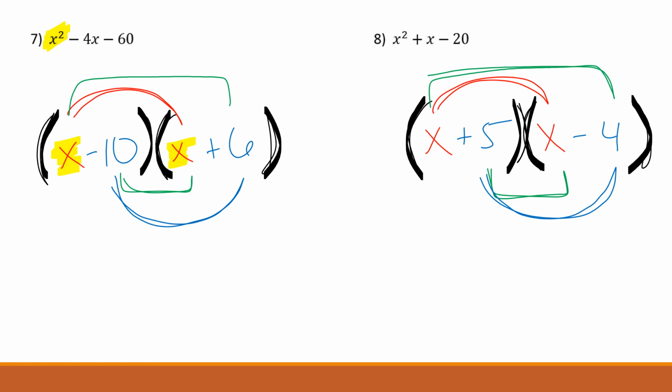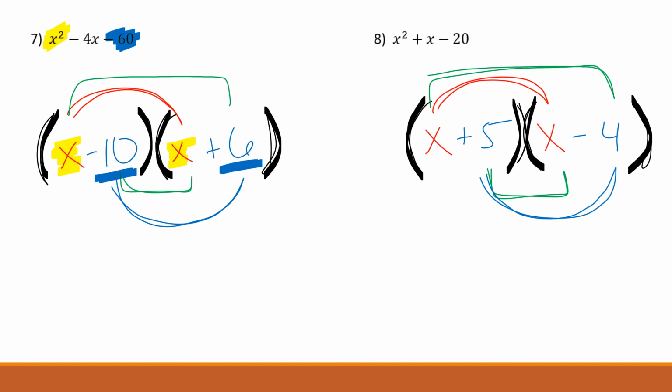For the next part, in order to get a negative 60 here, you have to be taking things that you multiply together to get negative 60. So that's where I know these two things have to multiply to negative 60, because that's where that negative 60 term comes from.